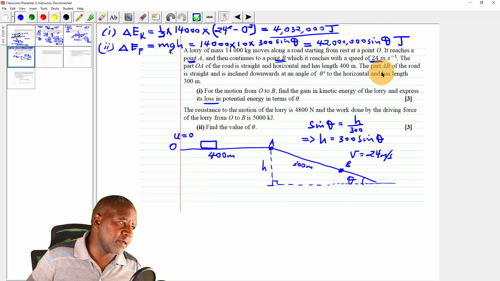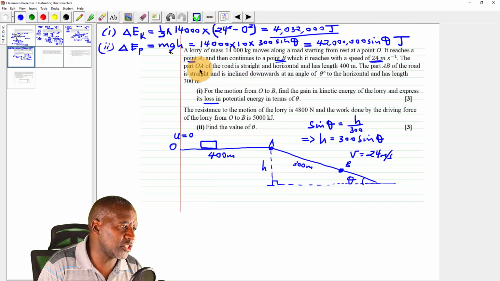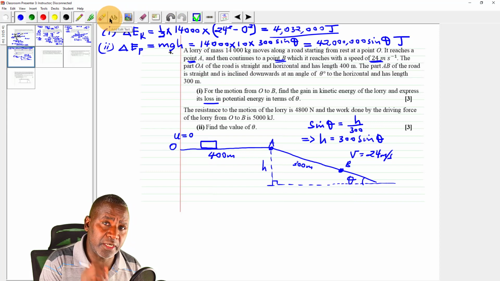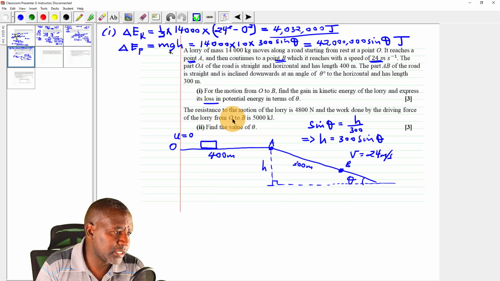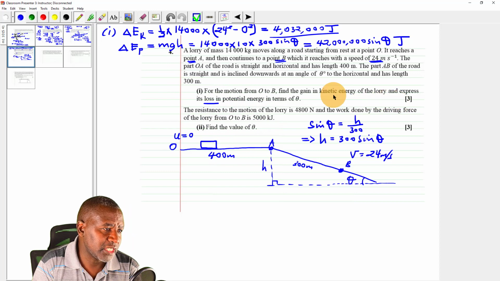That is the gain in potential energy, I mean the loss in potential energy as the question talks about. So I think we're still in part 1. We haven't gone to part 2. So that is how I would get those answers.